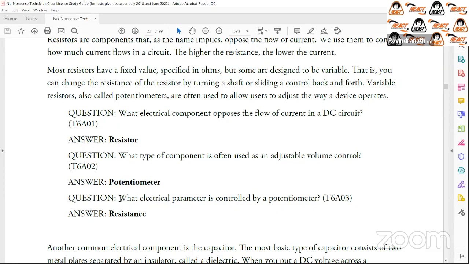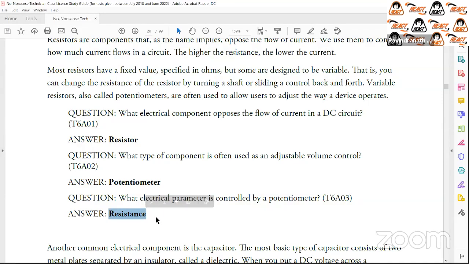Let me ask the question in another roundabout way here again. What electrical parameter is controlled by a potentiometer? Well, you know a potentiometer is a variable resistor. If it's a variable resistor, what does it control? It controls the resistance. So therefore, the answer is resistance.